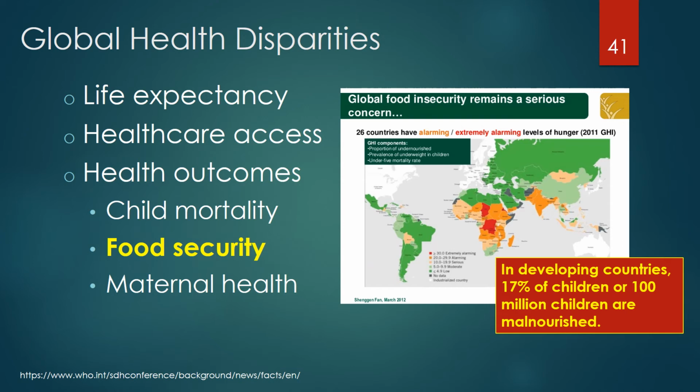In sub-Saharan Africa, 22% of children suffer from food insecurity, followed by 17.7% in the Caribbean, 14.4% in Southern Asia, 11.5% in Southeastern Asia, and 10.6% in Western Asia. 26 countries, the ones on the map in orange or red, have alarming or extremely alarming levels of hunger.